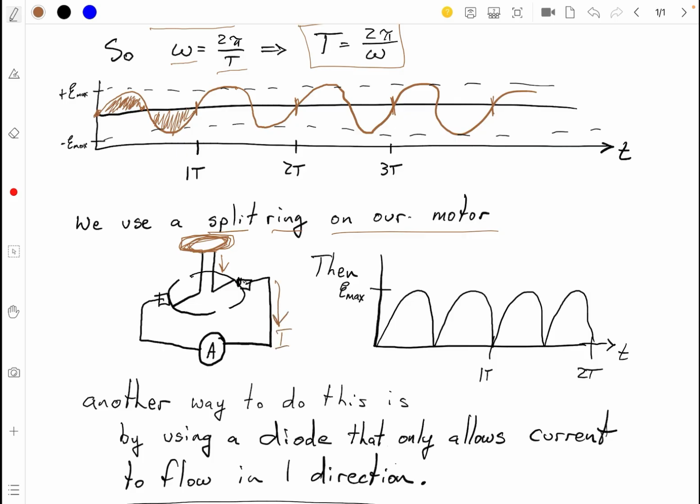And then as this thing spins around, next thing you know, this piece right here is over here and it's touching that guy. These are brushes.